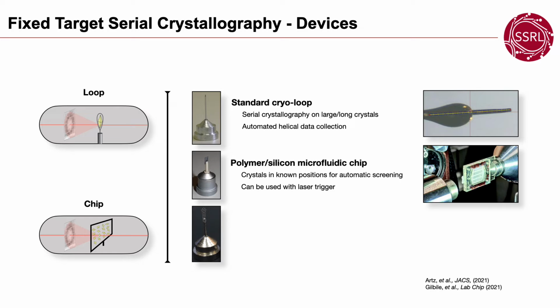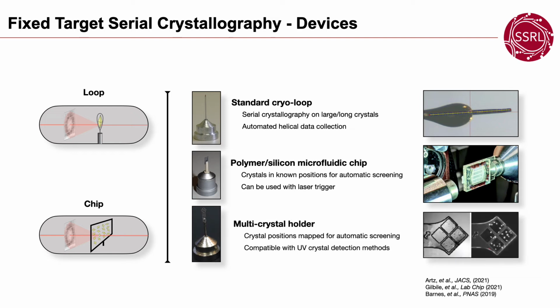The laser triggers for caged compounds or other reactions within the crystal can also be used with this system. The multi-crystal holders are compatible with crystal position mapping or with UV crystal detection methods, both of which can be used for automatic screening or data collection.